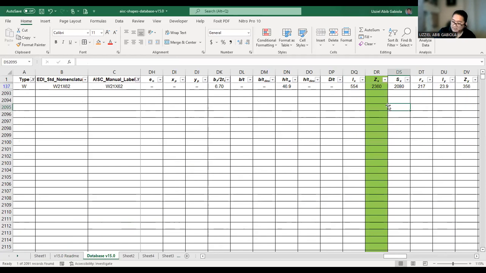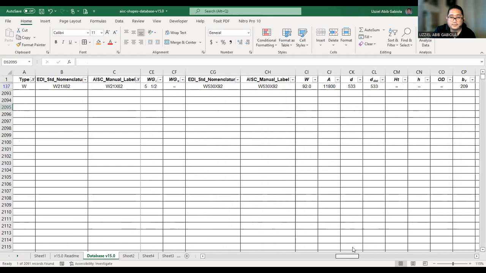Kailangan natin para makalculate natin is yung weight niya. Okay, so yung weight ay equal sa 92.0 kilogram per meter.